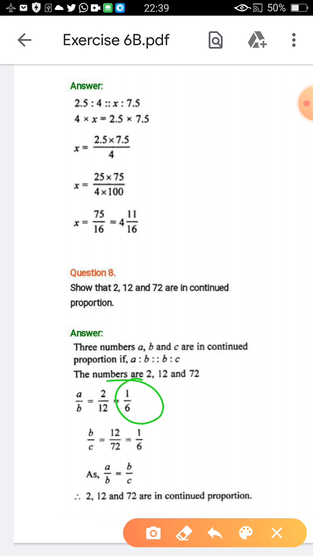Then B has to C. B has to C means 12 upon 72. Again divide. 12 1s are 12, 12 6s are 72, so again it is the same, 1 upon 6.